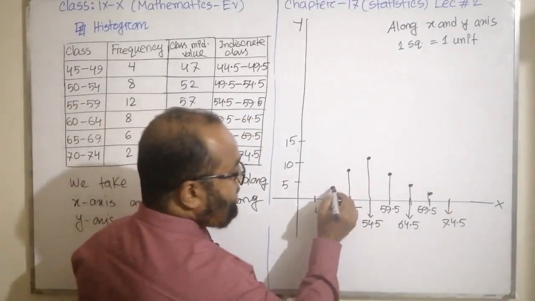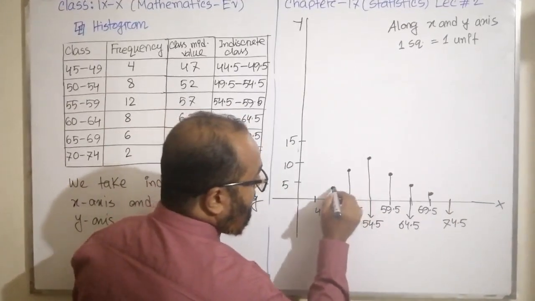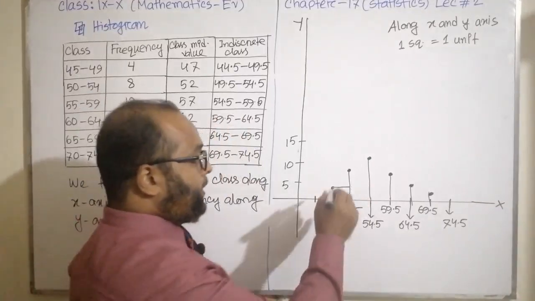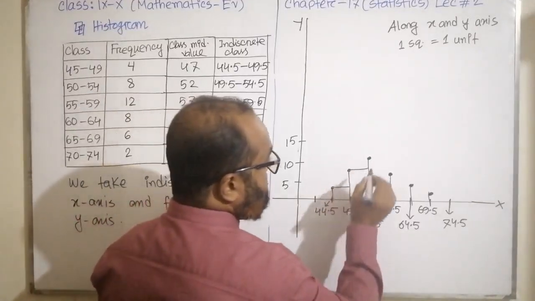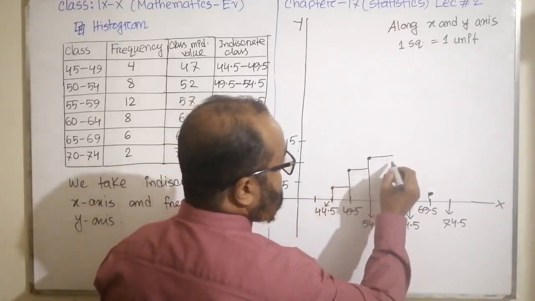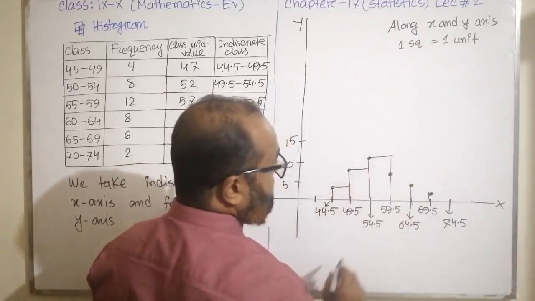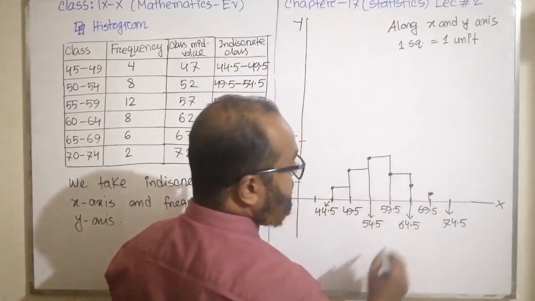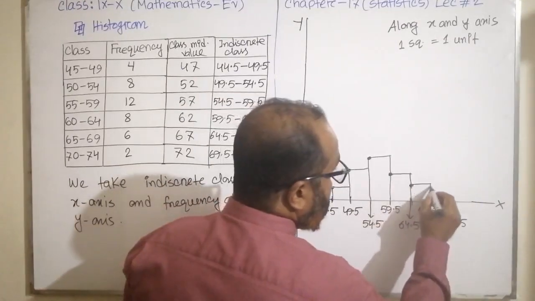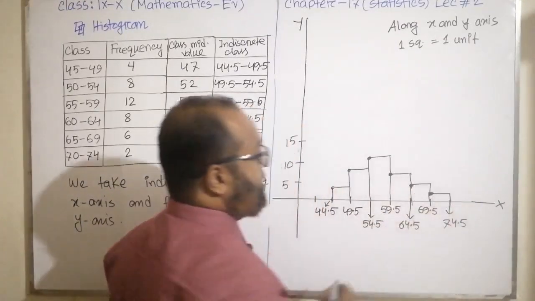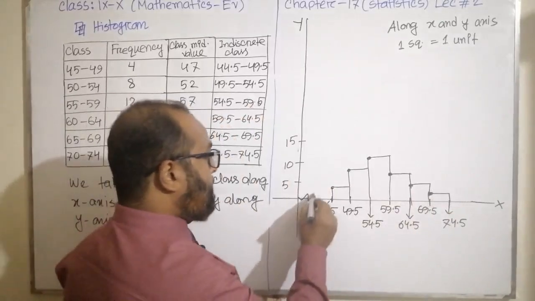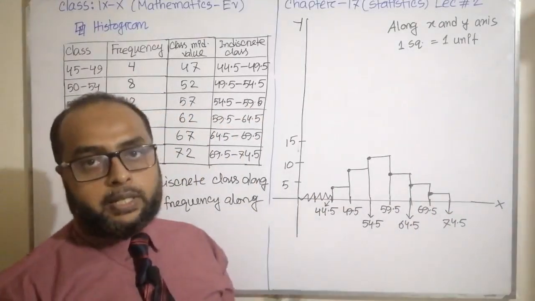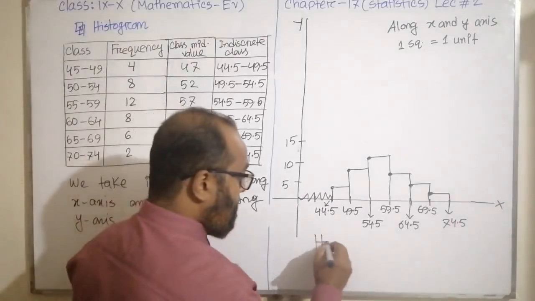After joining these points to the line, we make a rectangular shape, a rectangle. The first part is a broken segment, so this is the histogram.